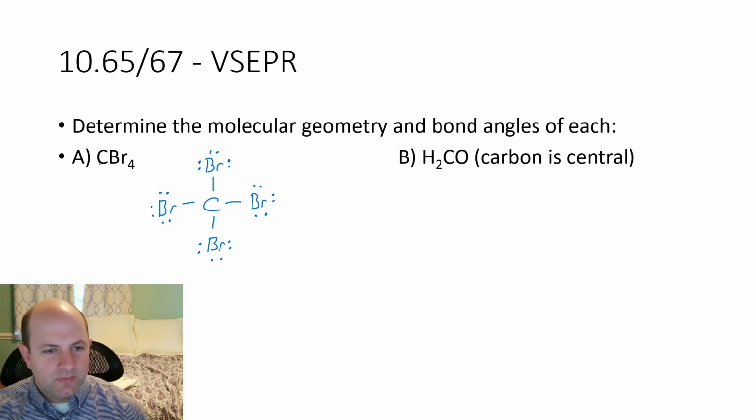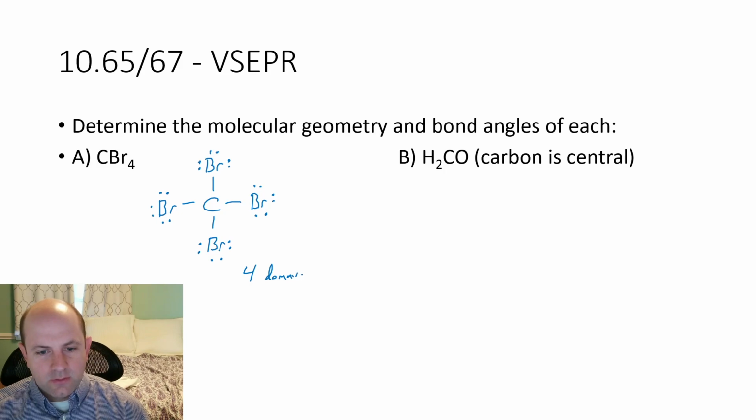If you count this up, carbon brings 4. Each bromine brings 7, so that's 28, and 4, that's 32. We have 32, so there's no more dots to draw. We check the carbon. It has an octet, 2, 4, 6, 8. So that one's done.